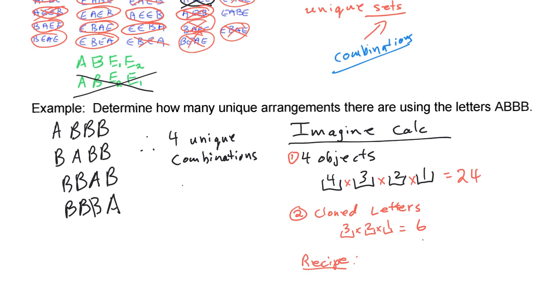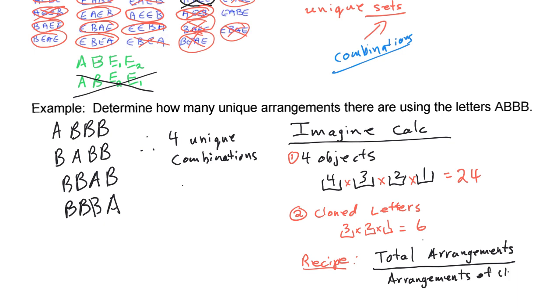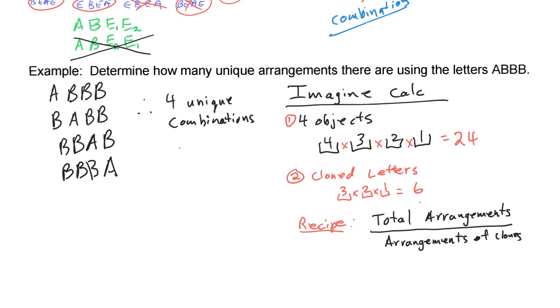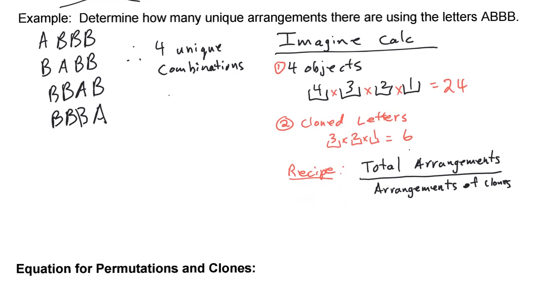We take the total arrangements and then we divide out the arrangements of the clones. So let's go and take a look at how we would do this.